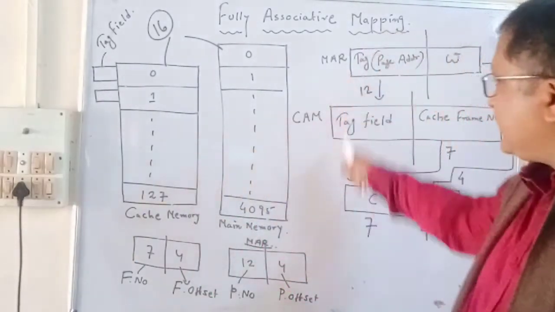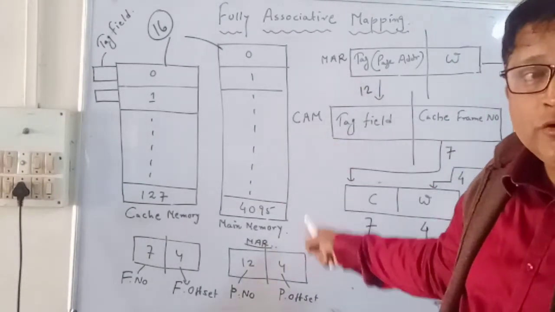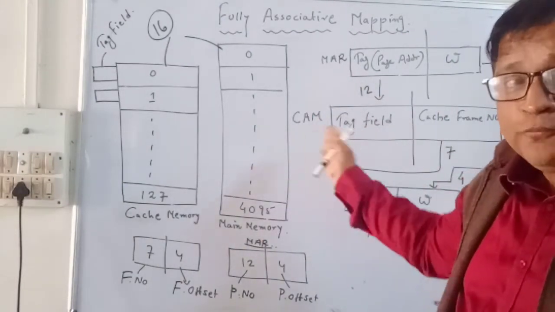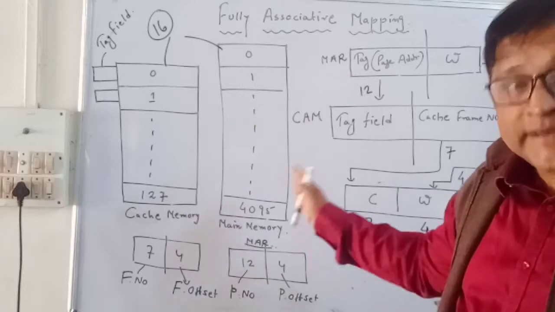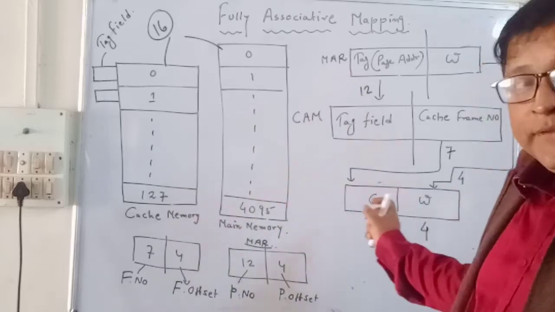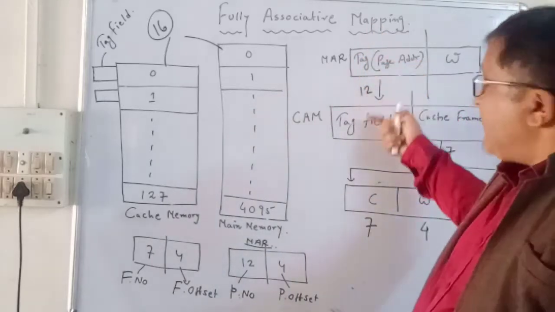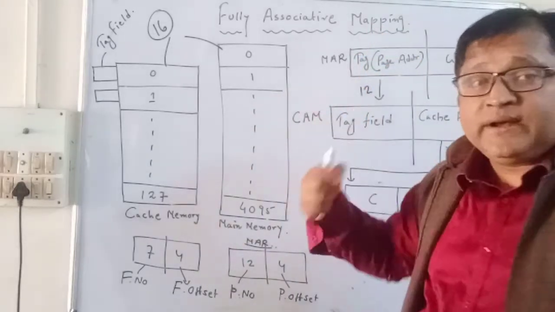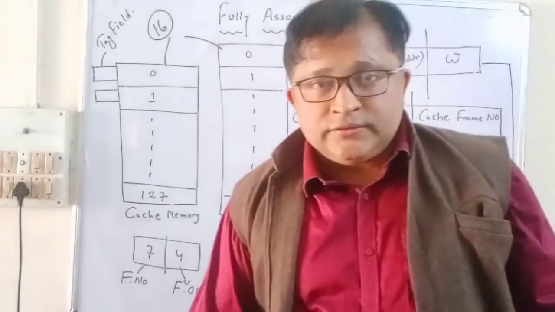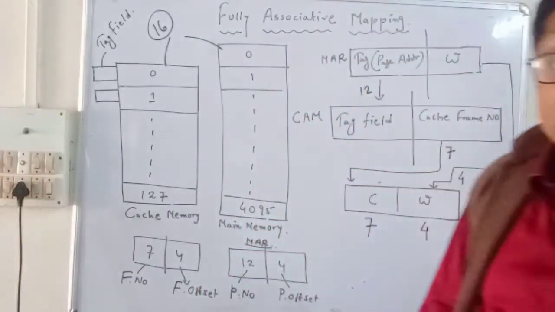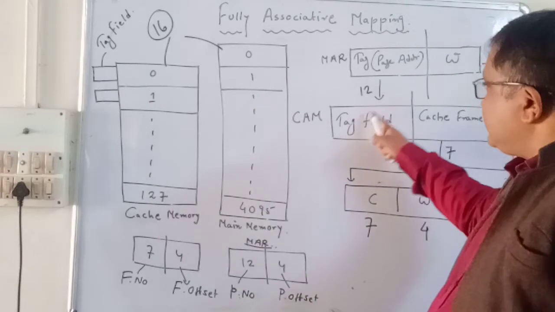Whenever any output line of a comparator becomes enabled, this means a search is found, the search is successful. Whenever the match is found, the OR gate gives 1 as output signal. So the search is successful.